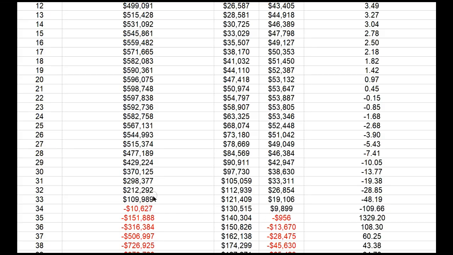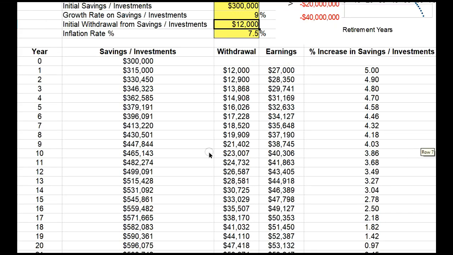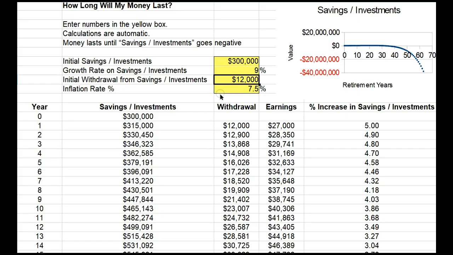Now, we will scroll back up to make another change. This time, let us change the inflation rate. Our inflation rate is currently 7.5%. Let's see what changing it to 6% will do for us.